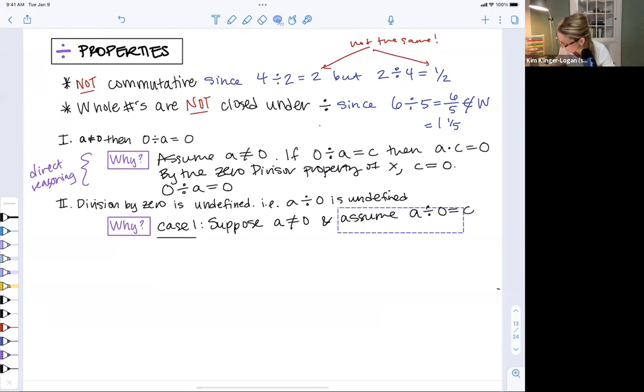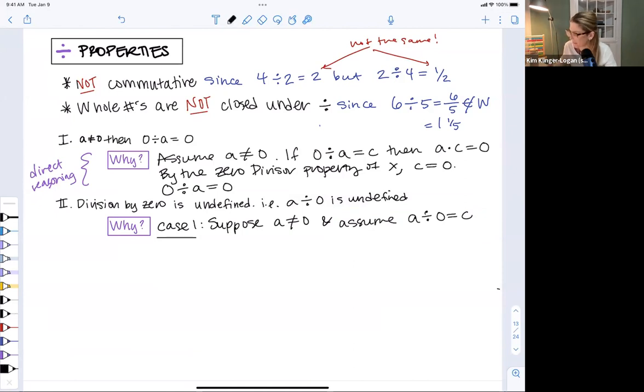Okay, so what I want to show is that this can't be true, because I want to show that this is undefined. So let's go ahead and use our missing factor approach again. This means that 0 times C is equal to A, but 0 times C should be 0 by the multiplication property of 0, I think we called it.